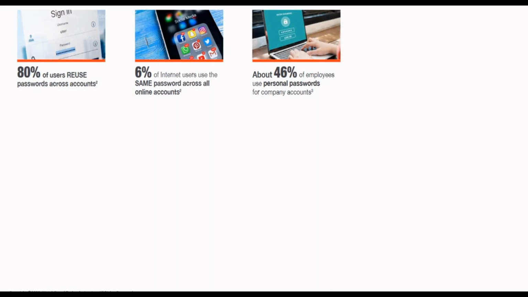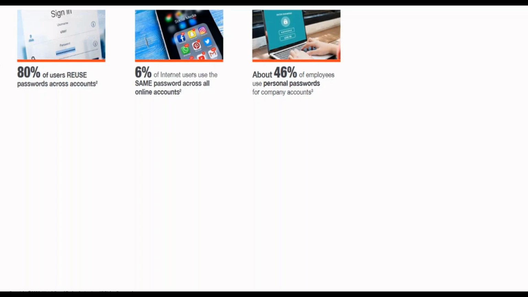The first thing here, let's take some statistics. 80% of the users reuse passwords across accounts. And definitely, because we use passwords everywhere, right? From the applications, logging into our machines, logging into our VPN clients. 6% of the internet users use the same password across all their online accounts.